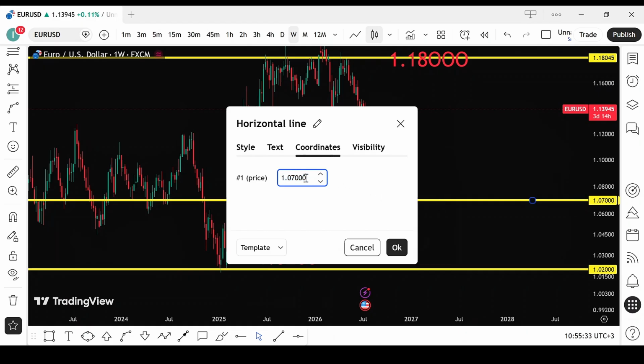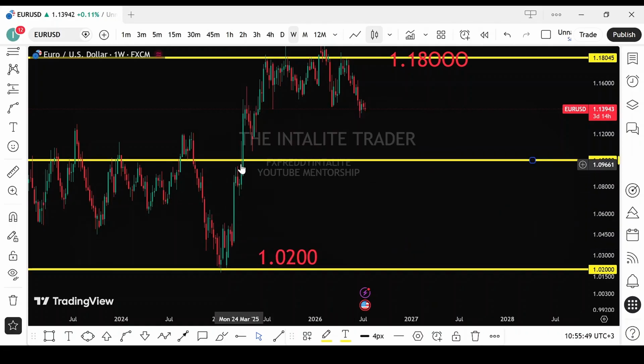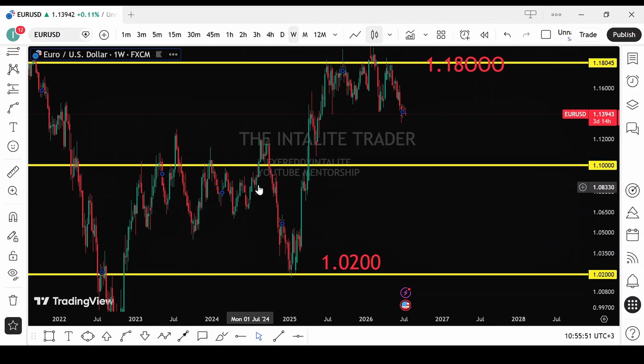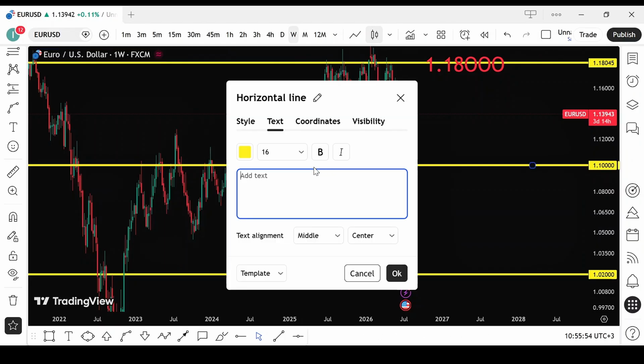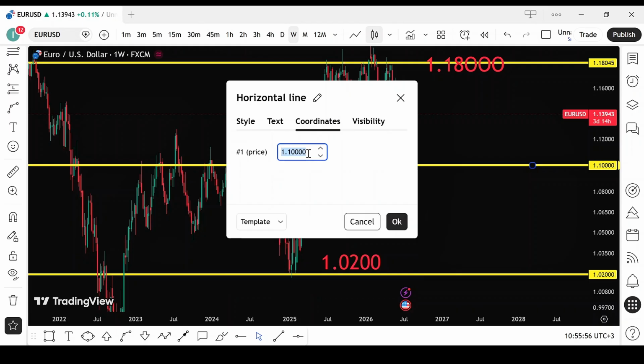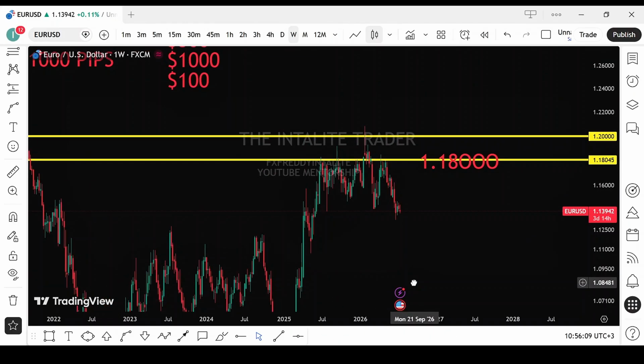Let's say if we are to mark 0.01 for 1000 pips. So we put 1 to be okay. So from here to here will be 1000 pips. Then from here to here, if we mark another 1000 pips, it will be 0.0200. And then it will be coming here.